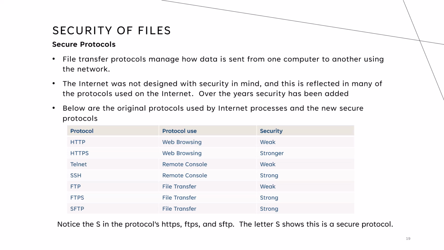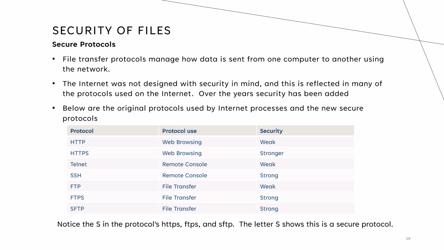Who cares? In some cases, you want that file to be encrypted. Mostly it's payroll data. You don't want people looking at payroll data. So you want to encrypt that as it's going from computer A to computer B. And there are different protocols to do that.